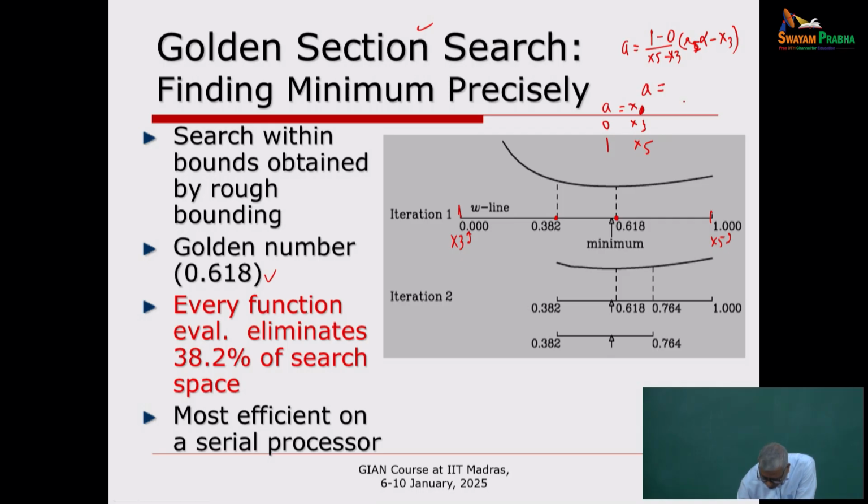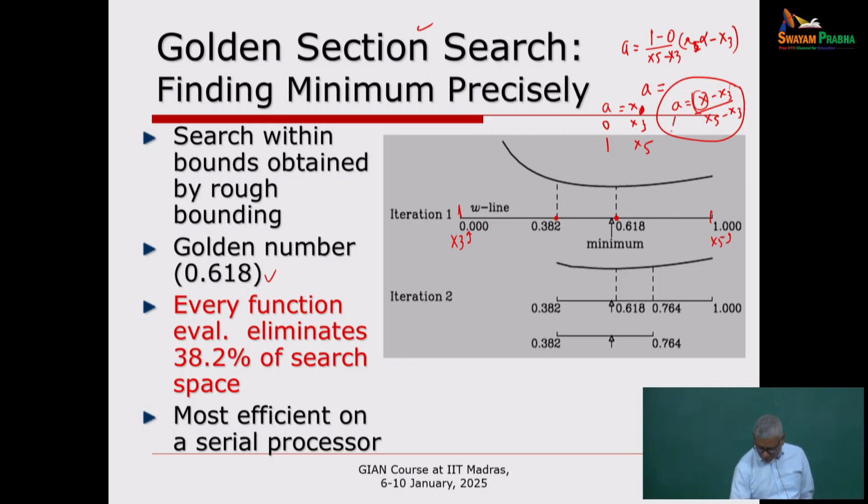So how will A be as a function of x? x minus x3 I need, because then it's 0, and when x is x5 I need 1, simple, this formula. If you put x equal to x3 it will be 0 here, and put x equal to x5 will be 1 here. So that's the mapping. Now you can actually calculate from this what x should be.